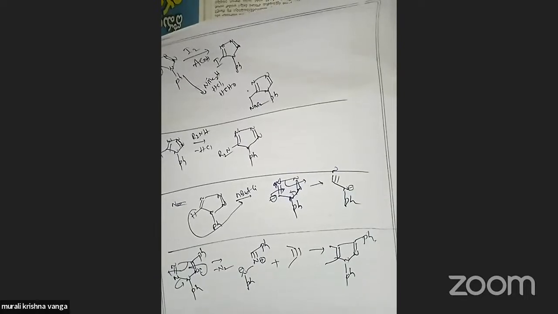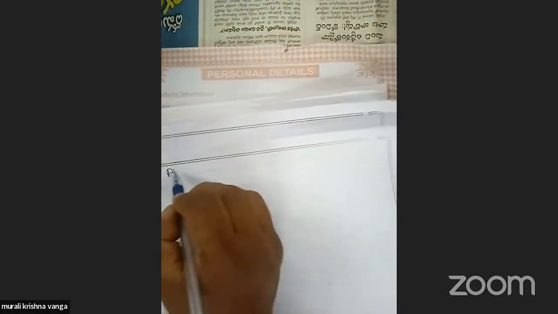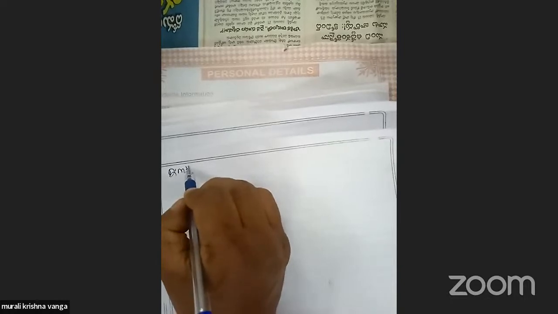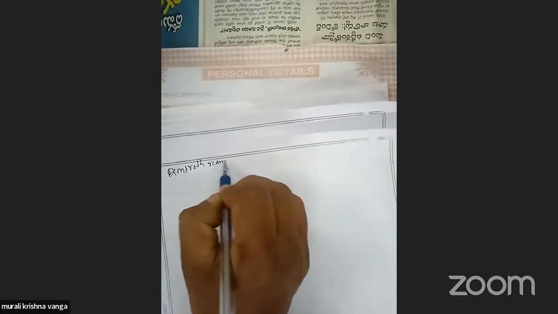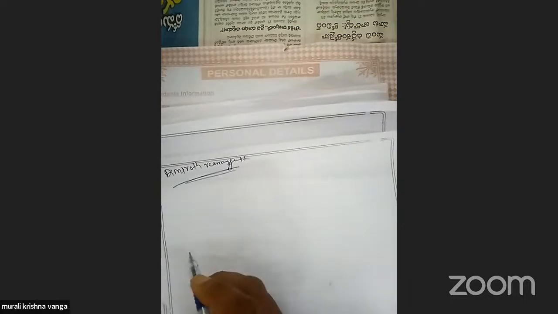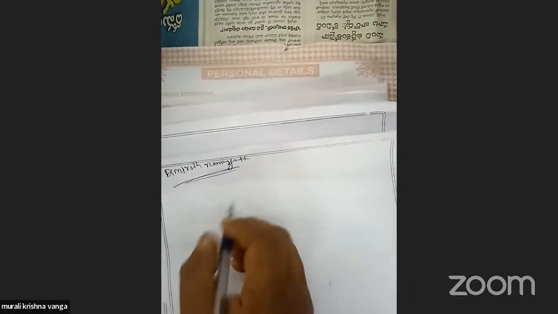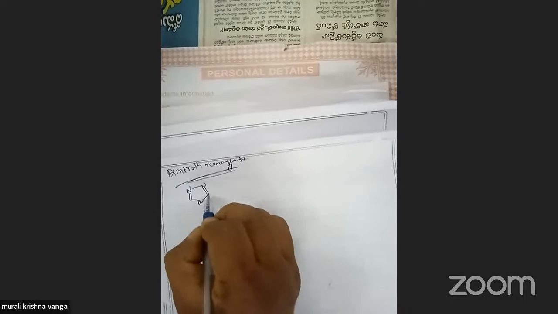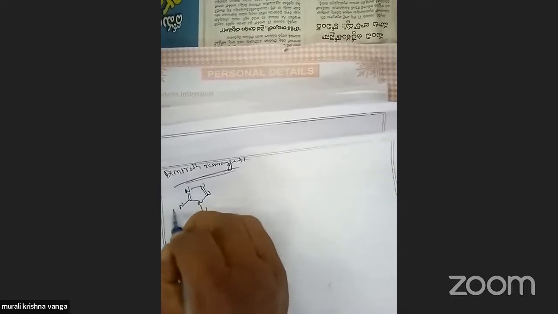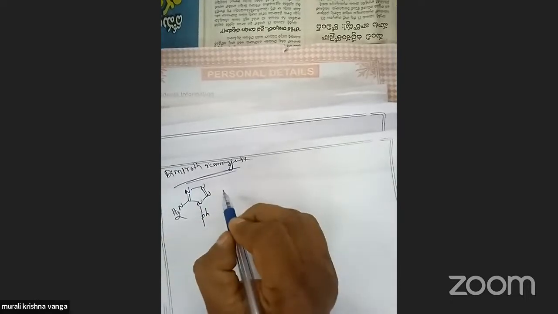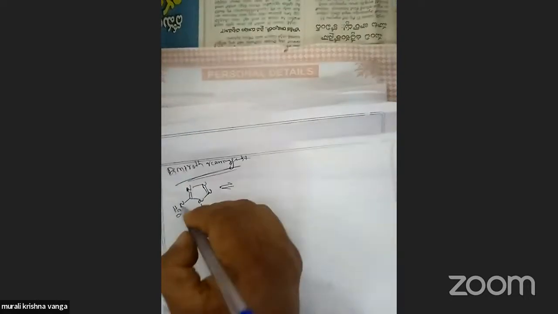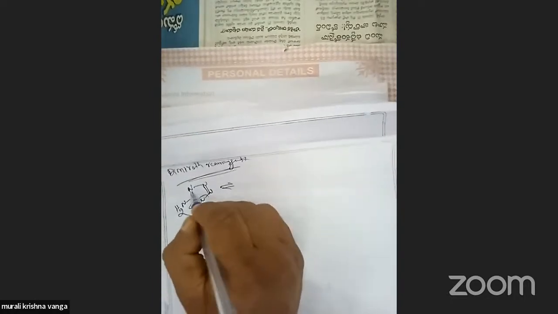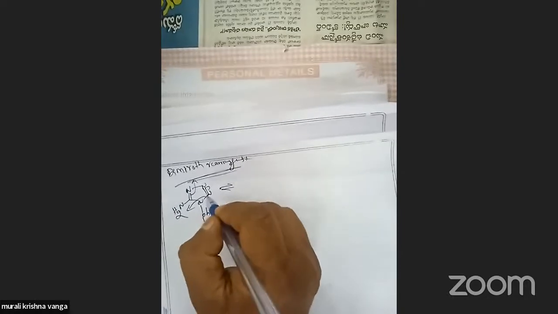Next, the Dimroth rearrangement. Very, very important. When 1-phenyl 5-amino tetrazole is heated, it undergoes ring opening.